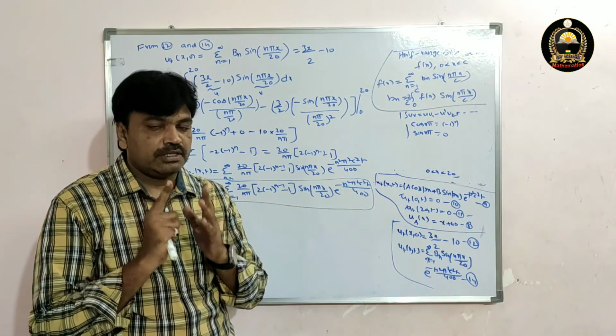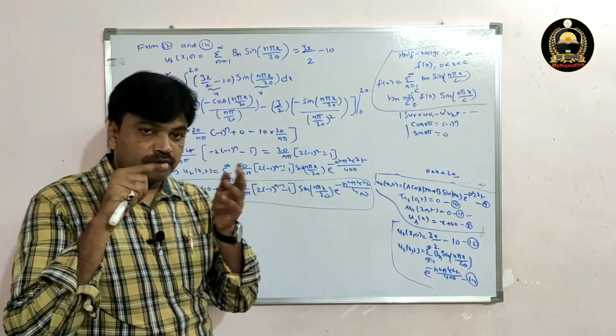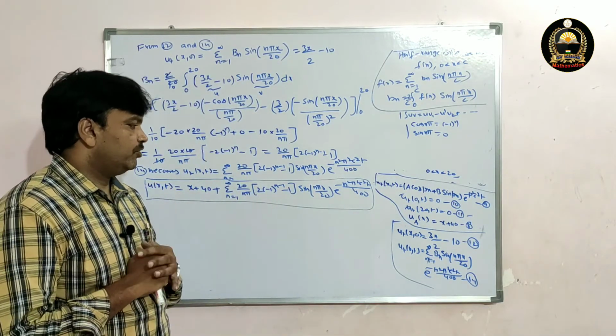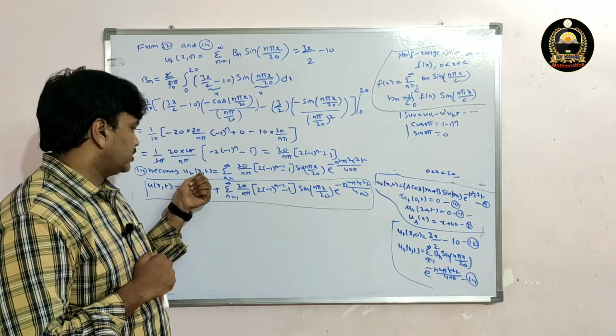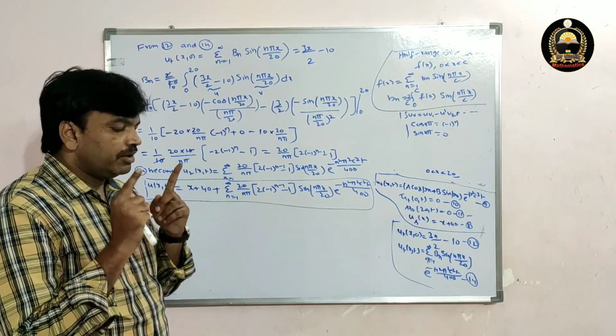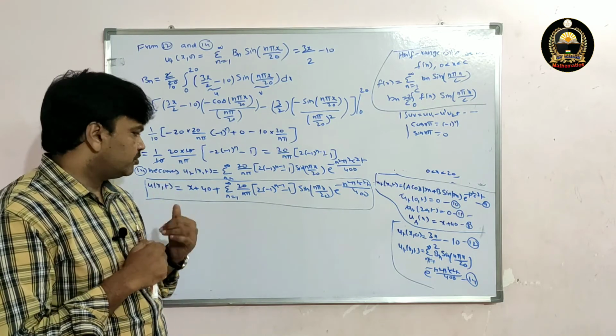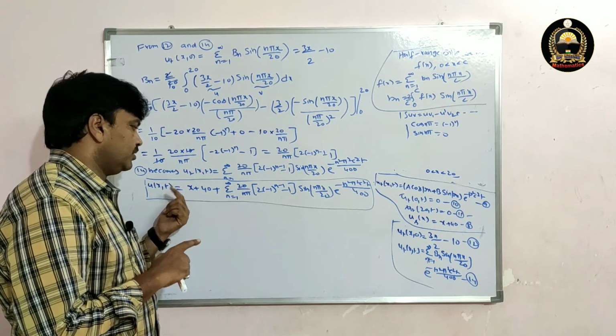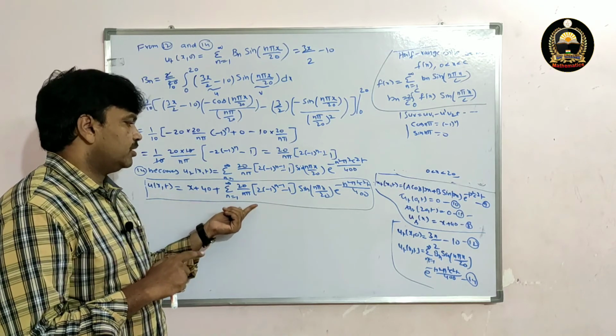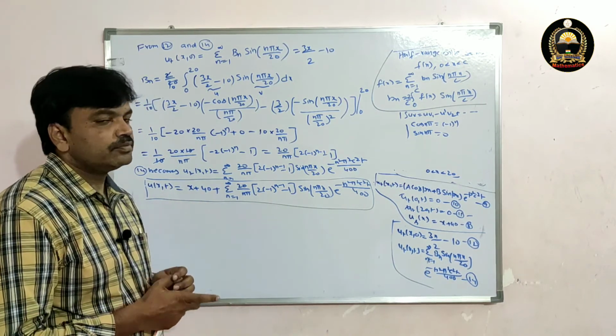Apply the boundary conditions, you get the a and b values, and finally you get the ut of x comma t value. Finally, the temperature at any time in the bar, that means u of x comma t, is obtained by adding the steady state solution and the transient state solution.